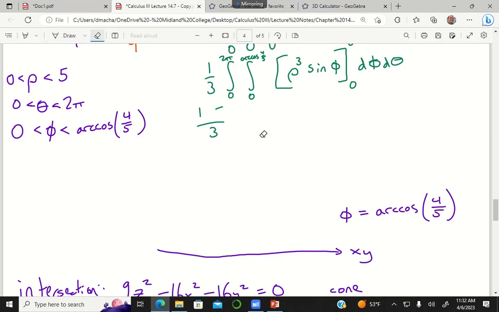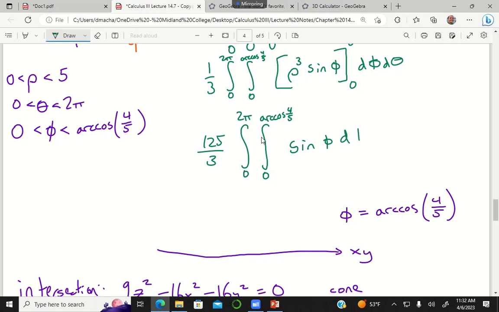Let me write that a little bit lower. Get it away from the upper line. So this is 125 over 3, integral from 0 to 2 pi of integral from 0 to arc cosine of 4/5 of just sine phi d phi d theta.